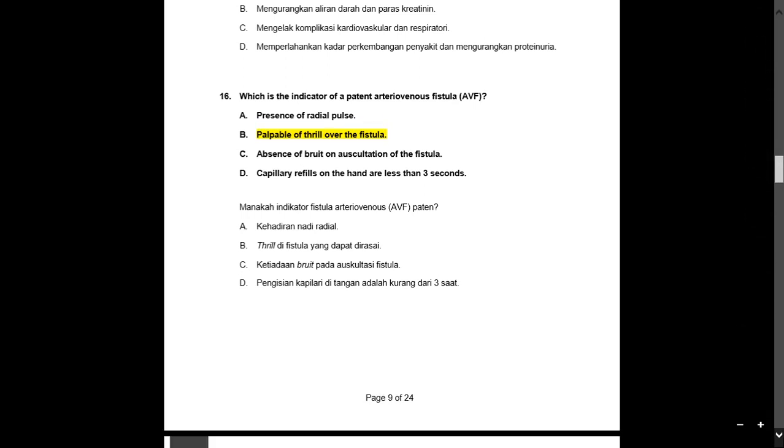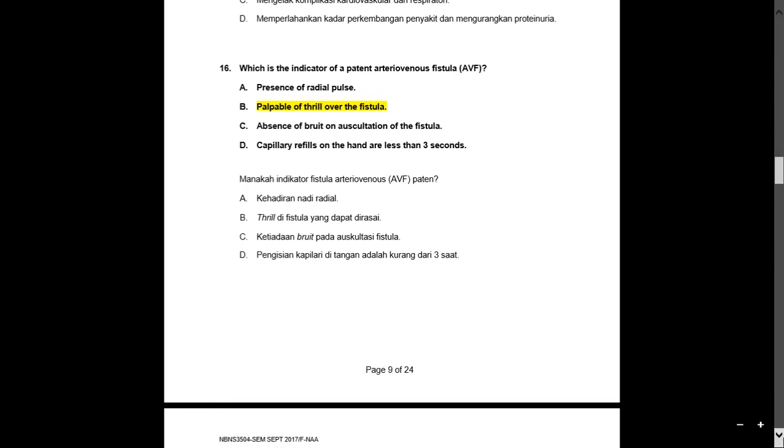Question number 16. Which is the indicator of a patent arteriovenous fistula? So you know that before hemodialysis takes place, we have to create an arteriovenous fistula for a patient who is going to undergo hemodialysis.